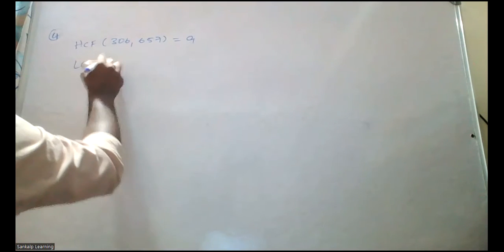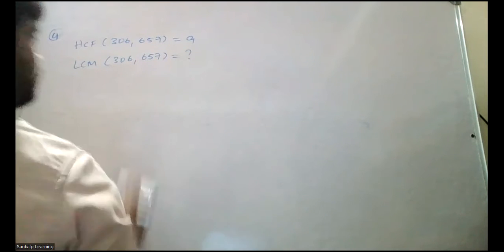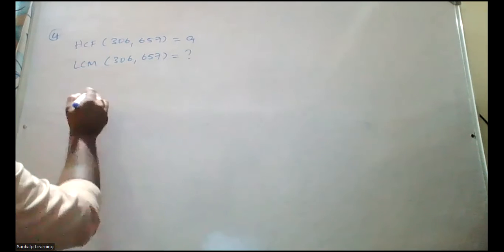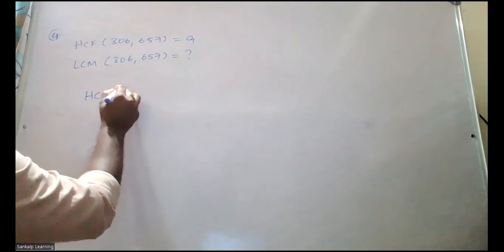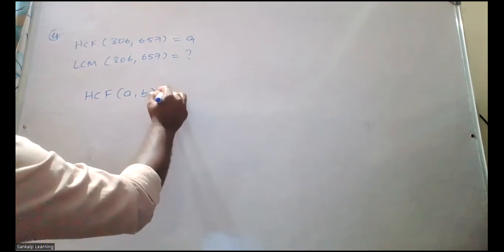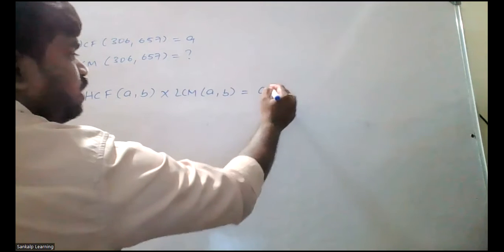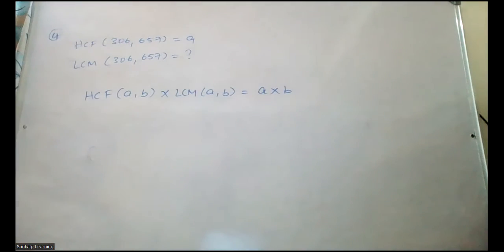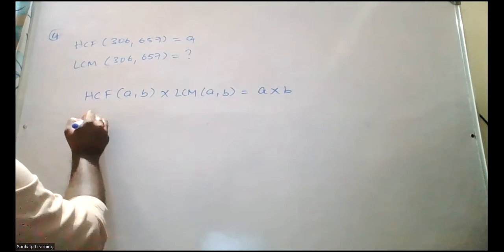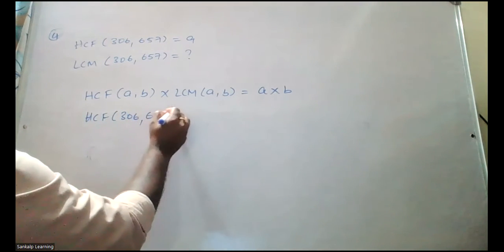What is the LCM? Now, we know a relationship: the HCF of two numbers, let's say A and B, into the LCM of A and B, is equal to the product of the numbers themselves, so A into B.